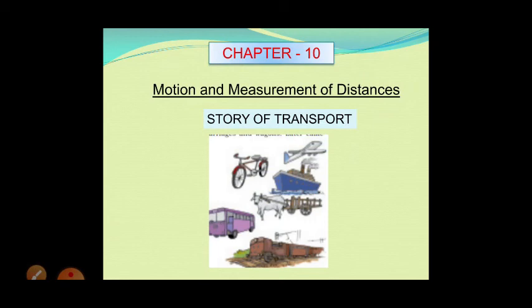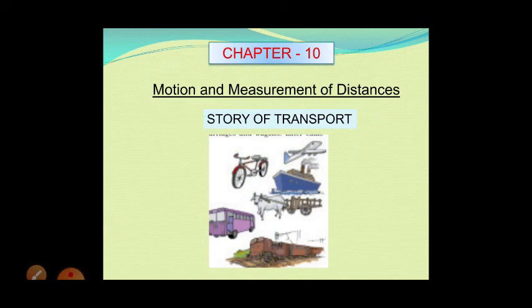Nowadays within a fraction of an hour we can reach one place from another due to aeroplane service, and high speed trains are also there in different countries in the world. Like that, with civilization, transportation has changed.